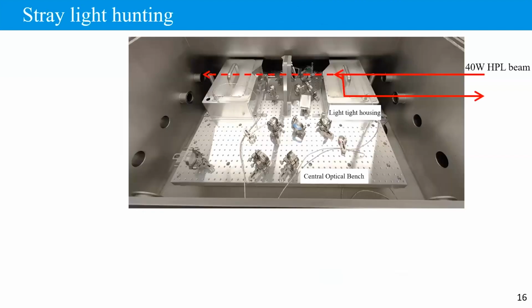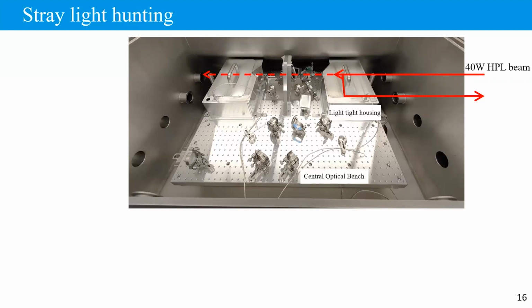So as I said, stray light is one issue that we are dealing with at the moment. In this picture, we see again the central optical bench, which is installed in the vacuum chamber. In red, we see the beam path of the high power laser. And here is the path where we dump most of the power outside the vacuum chamber.